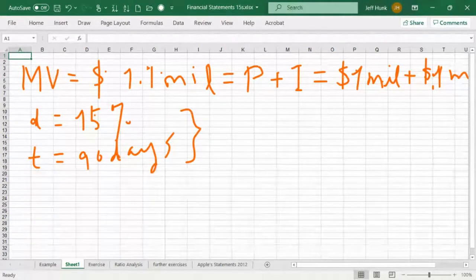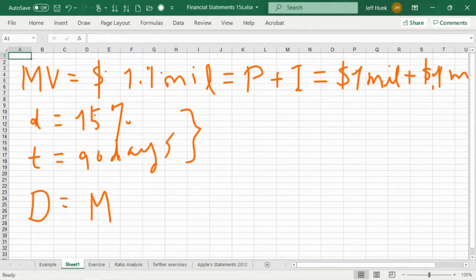So the symbol I should use is D, which stands for proceeds, which means that's what you receive after discounting. That's what the company receives after selling that to the bank. So basically the idea is, you will have to multiply it by 1 minus dt.